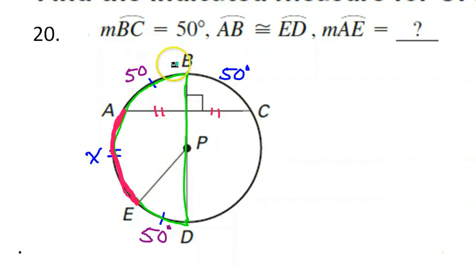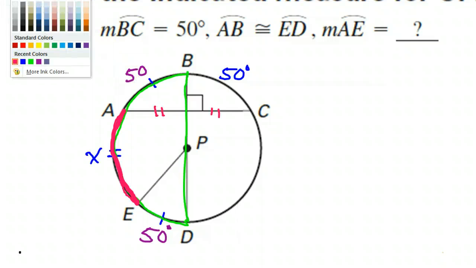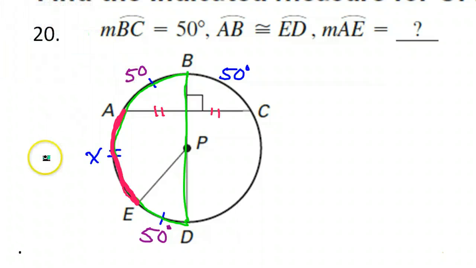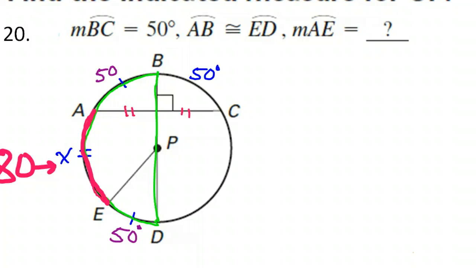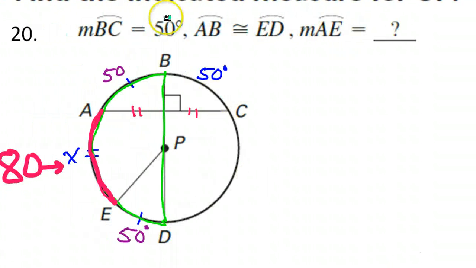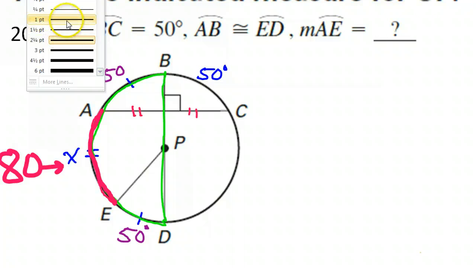So in other words, if we start from the total of 180 and subtract these two 50s, well, that's 180 minus 100. So that leaves 80. And that is what we're looking for. So the measure of arc AE is 80 degrees. And that's the answer to number 20.